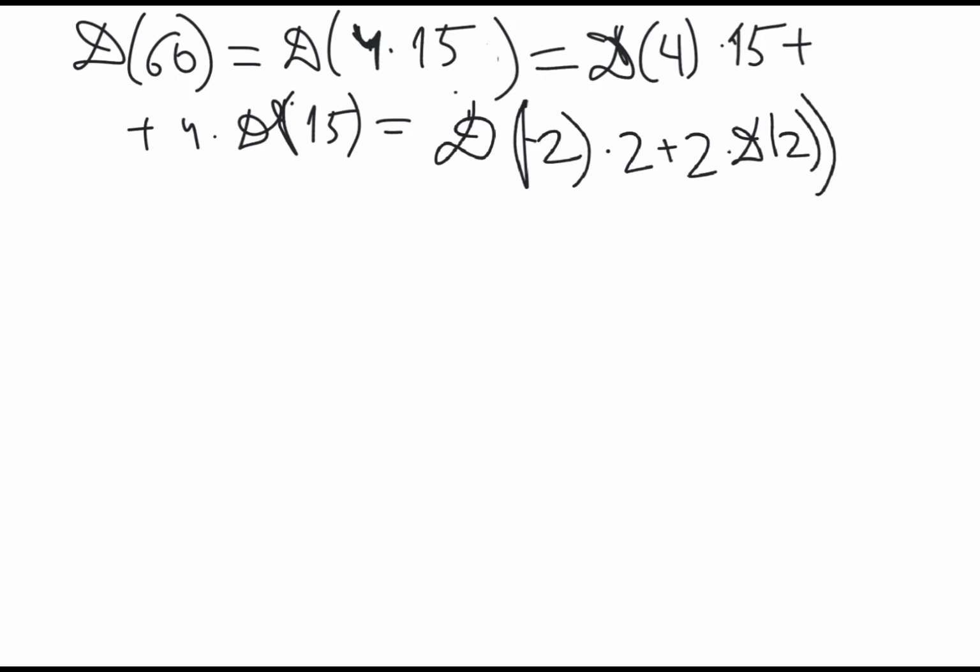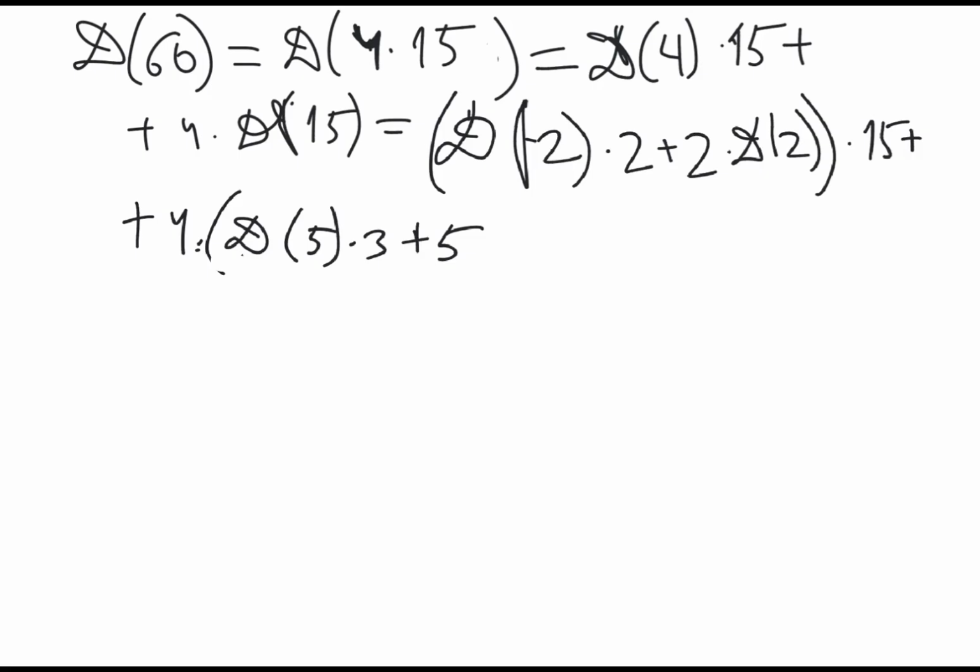So we represented d of 4, this is multiplied by 15 plus 4 multiplied by d of 15. And 15 is 5 multiplied by 3, so d of 15 is d of 5 multiplied by 3 plus 5 multiplied by d of 3.